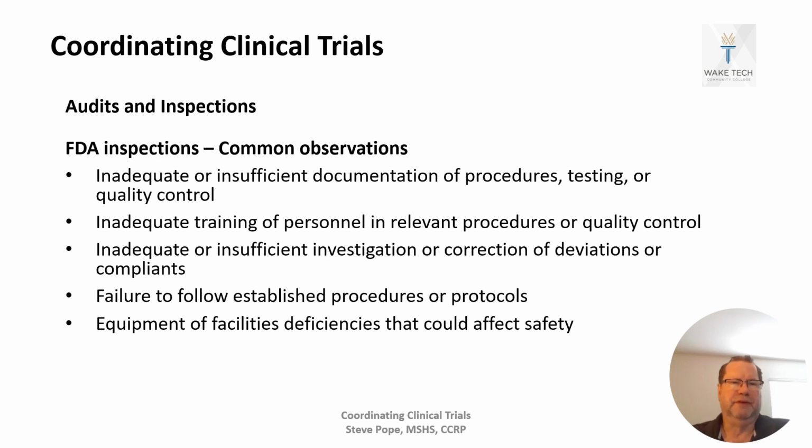So let's talk about FDA inspections and some of the common observations. First one is going to be inadequate or insufficient documentation of procedures, testing, or quality control. These are going to be inadequate standard operating procedures. Inadequate training of personnel in relevant procedures or quality control. Inadequate or insufficient investigation or correction of deviations or complaints. Failure to follow established procedures or the protocol.